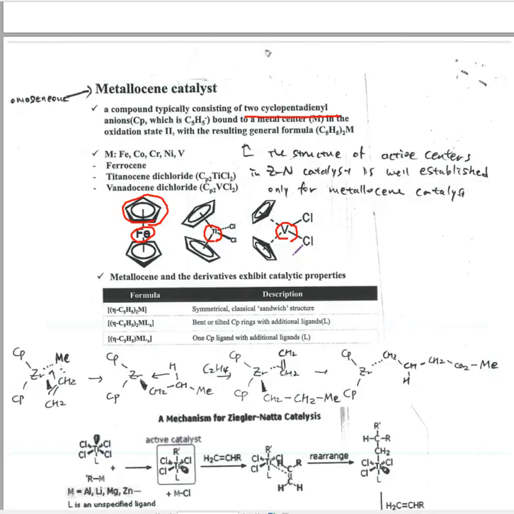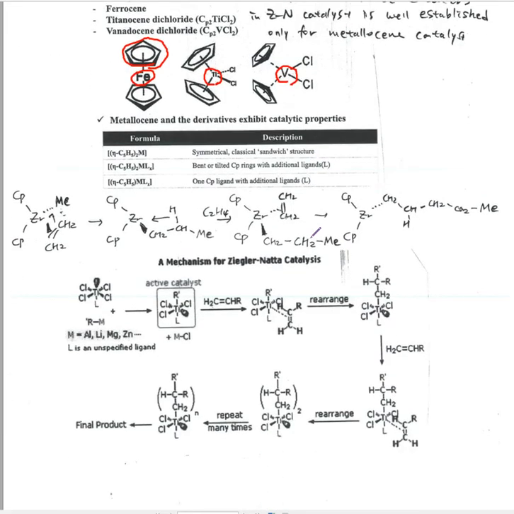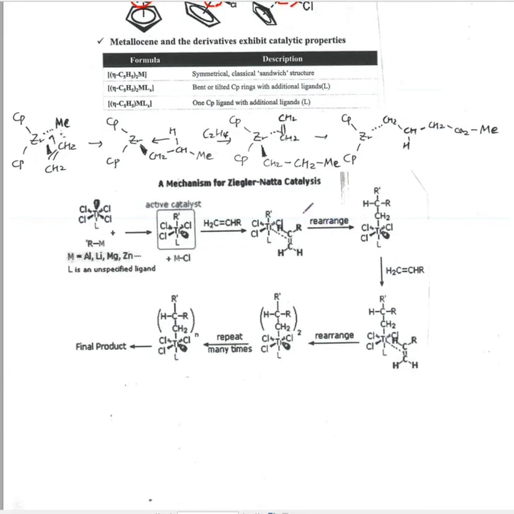Okay. So let's briefly see how these kinds of catalysts with these chemical structures can generate highly stereoregular polymers. There are many different mechanisms, but below shows the representative mechanism of the Ziegler-Natta catalyst. So here shows the catalyst.